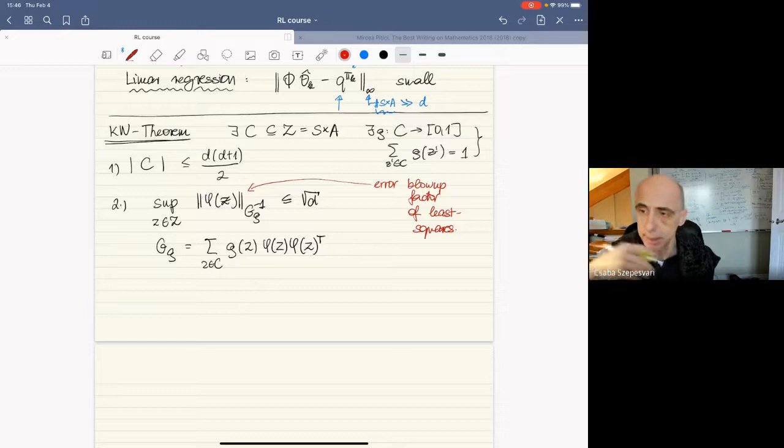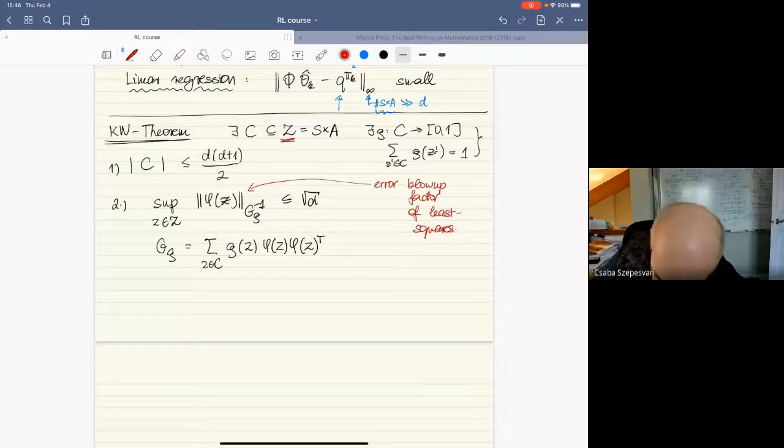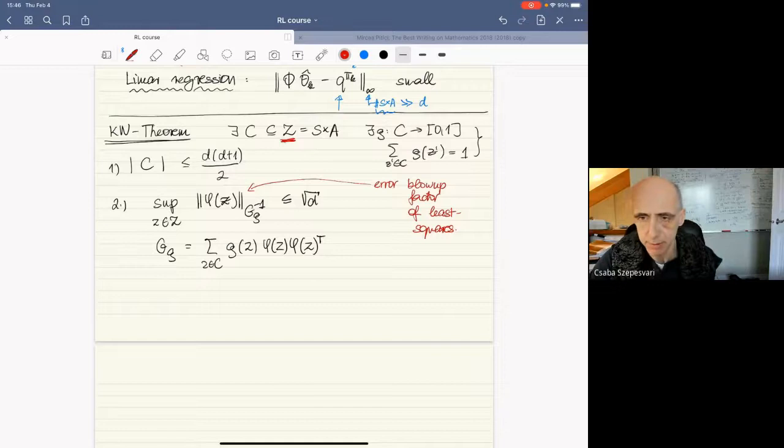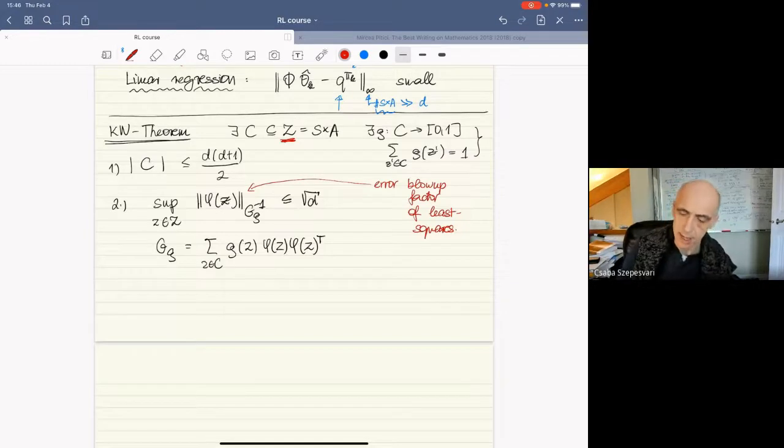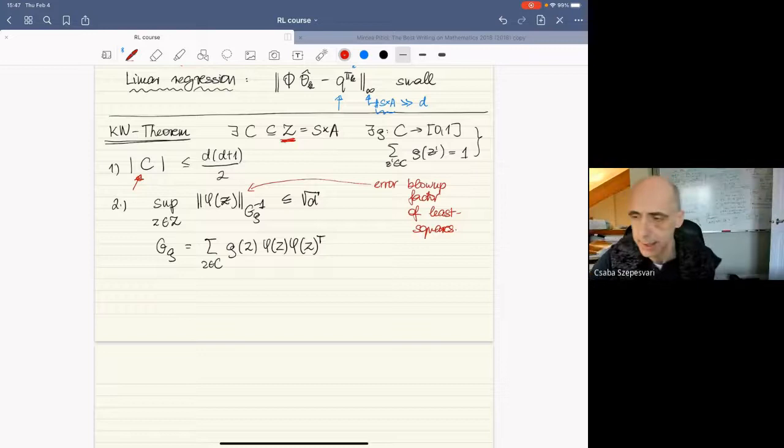What is the best possible blow-up factor? And is it possible to do that regardless of the set Z over which these feature vectors are defined, such that in my least squares calculations, I only need measurements over the set C?